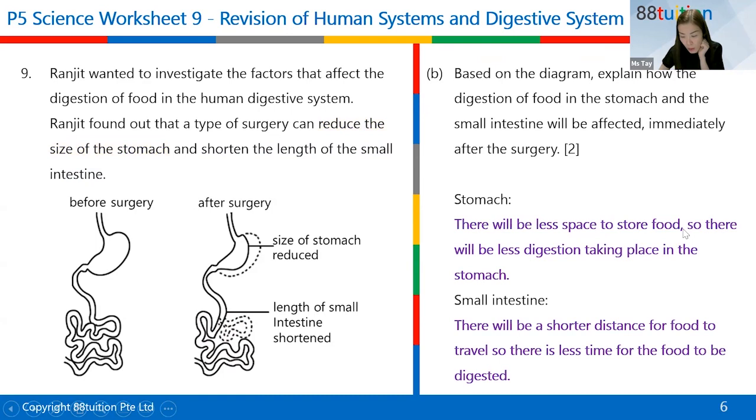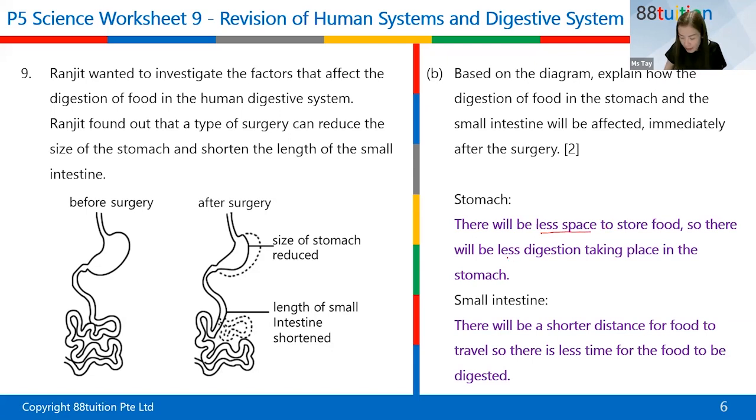So it's answered this way. Talk about less space to store the food. Because already the size of the stomach reduced, no space really. It's just like your room. Your room so big, you can put so many things. What if I cut your room into half the size? Can you still put the same amount of things inside? Cannot. Yeah, exactly. So less space to store food, okay?